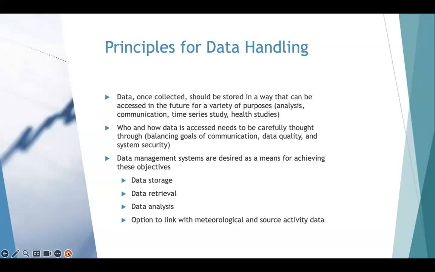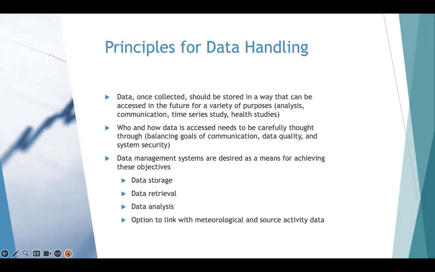We have to store it somewhere, but it should be accessible later. We have to store all those data so that we can retrieve them again later, for future purposes. We have to store this data for the various purposes that come up in the future.